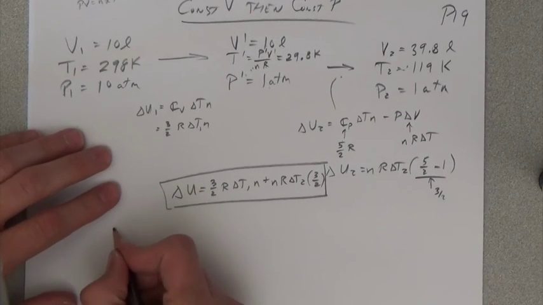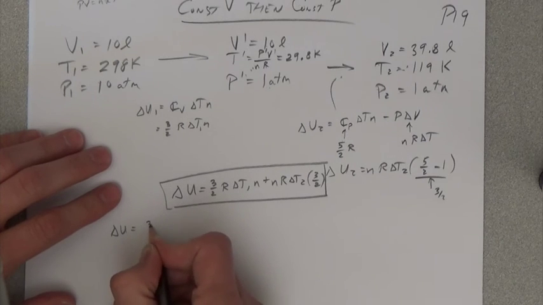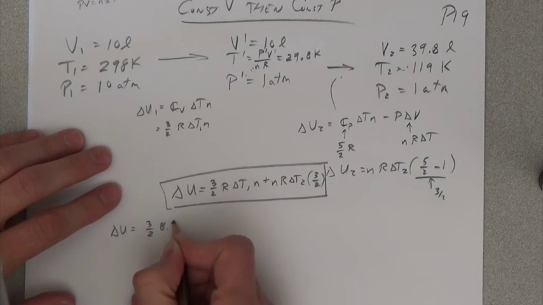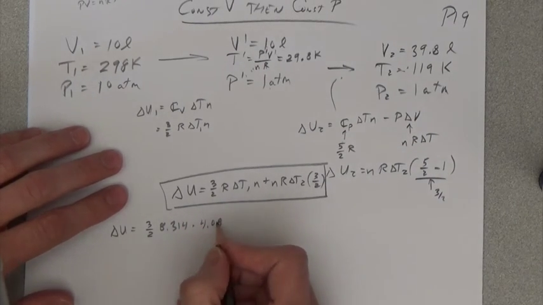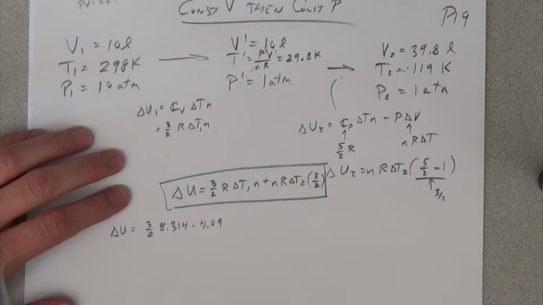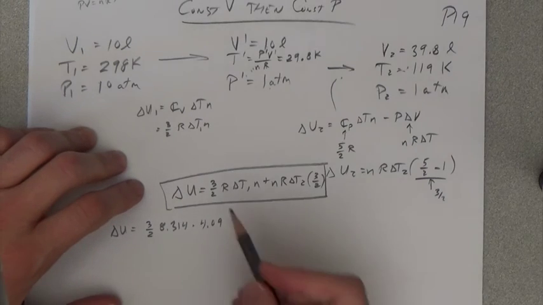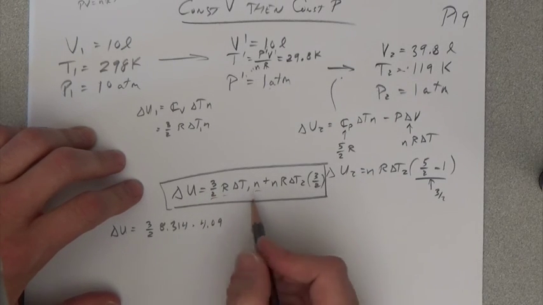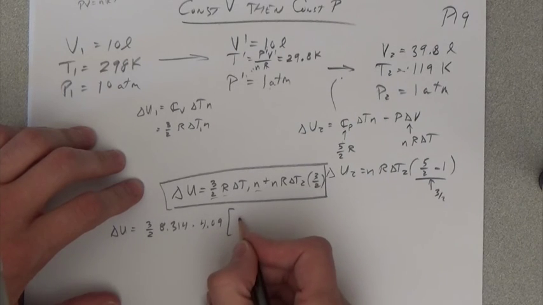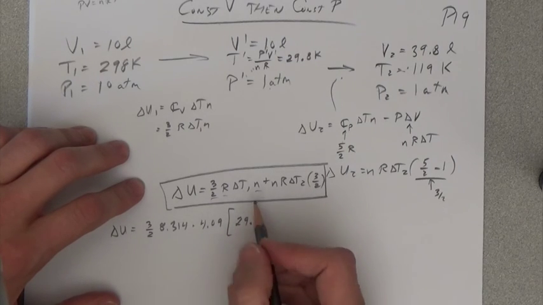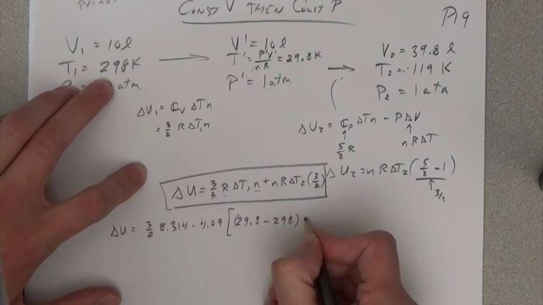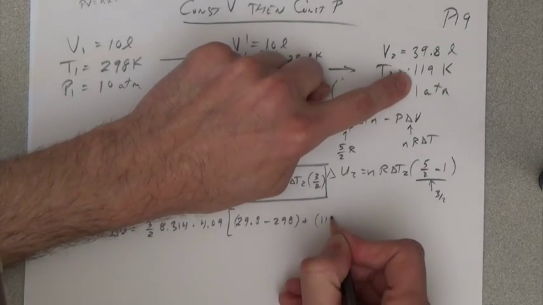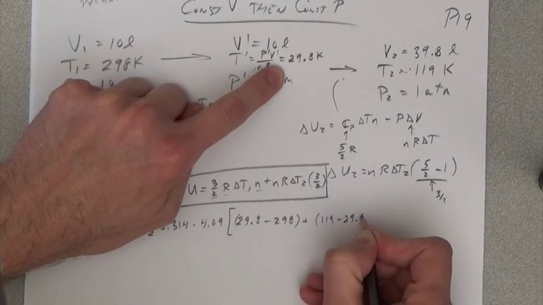So substituting, delta U is equal to 3/2 times 8.314 times 4.09, so I got rid of that, times delta T1, which is 29.8 minus 298, plus 119 minus 29.8.